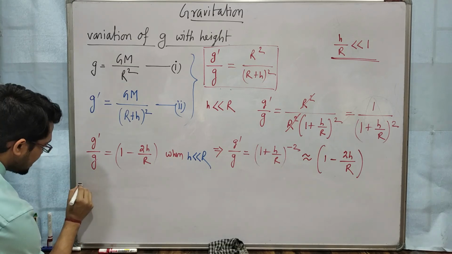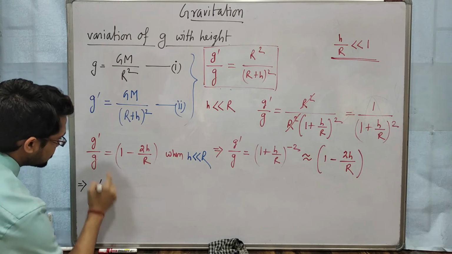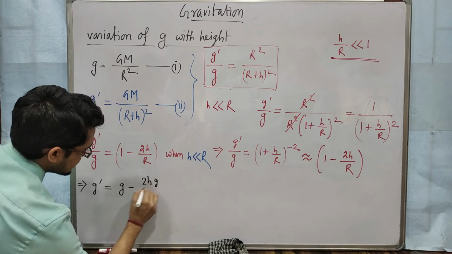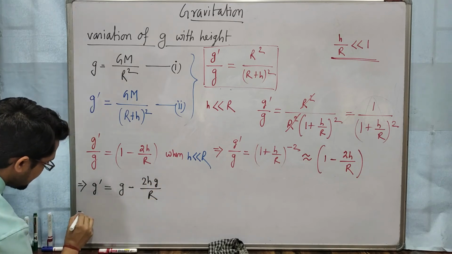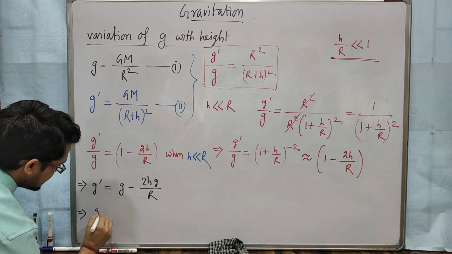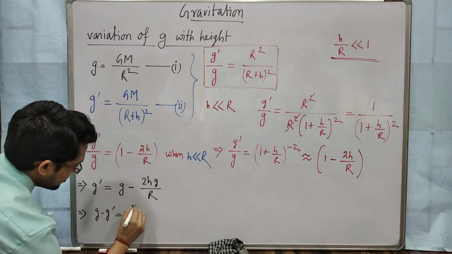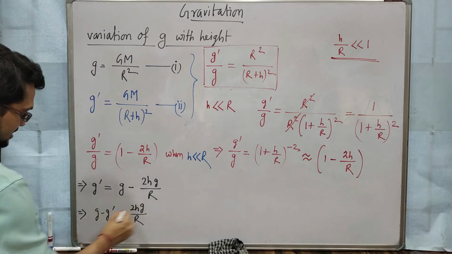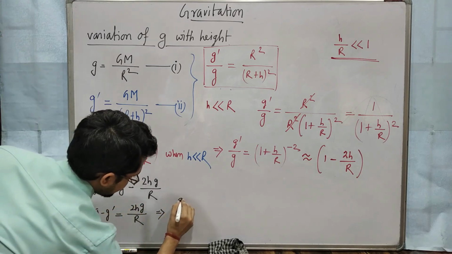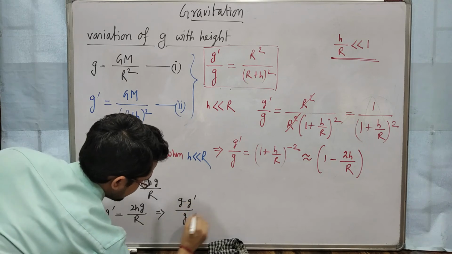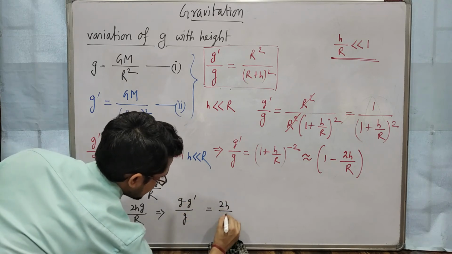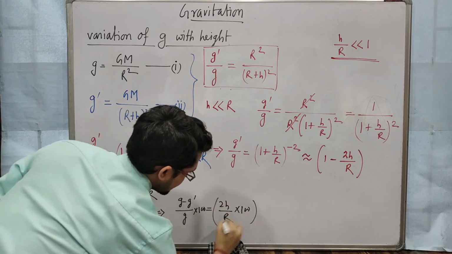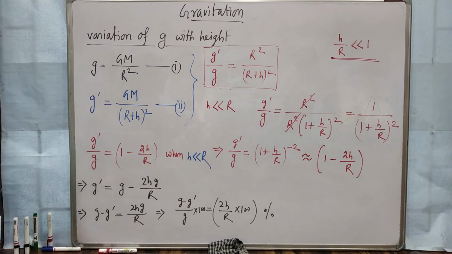So first, g prime equal to, multiplying this g on this side, g minus 2hg by R. Now g minus g prime will be 2hg by R. Now take this g on this side, so it will be g minus g prime by g equal to 2h by R. Percentage means into 100. You will get the percentage decrease.